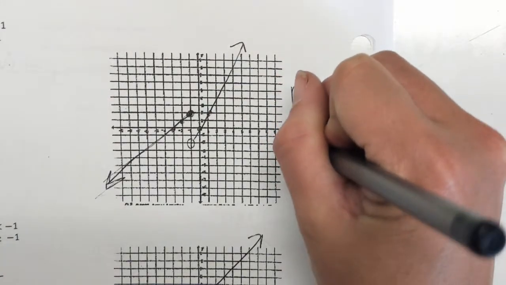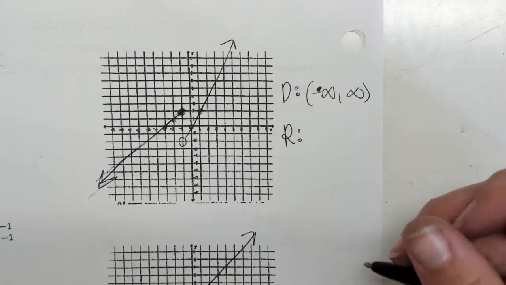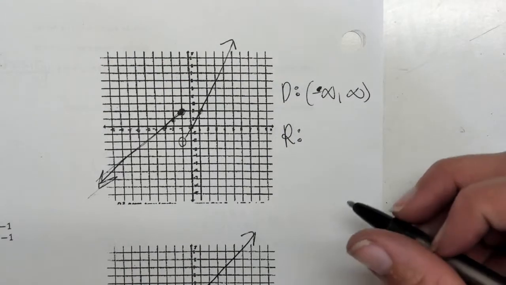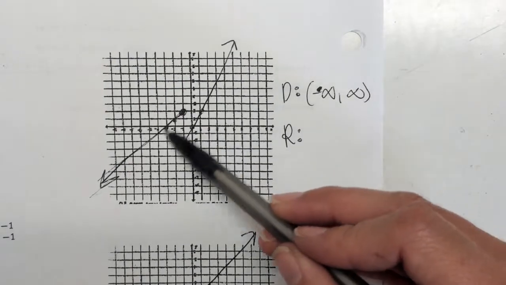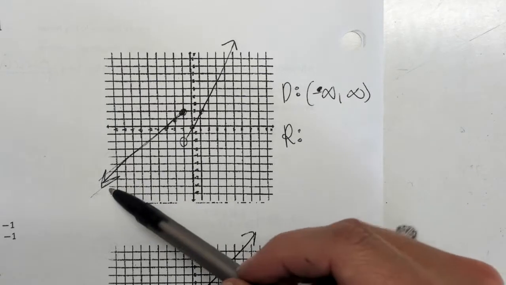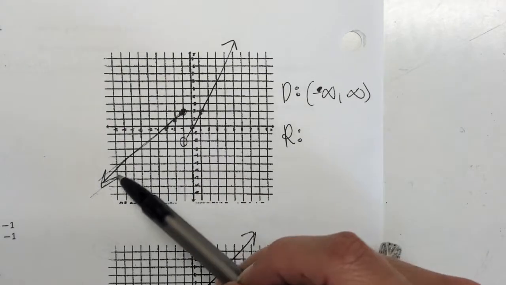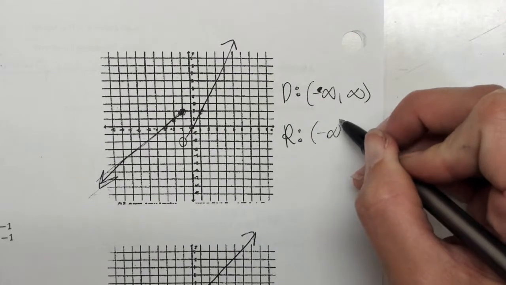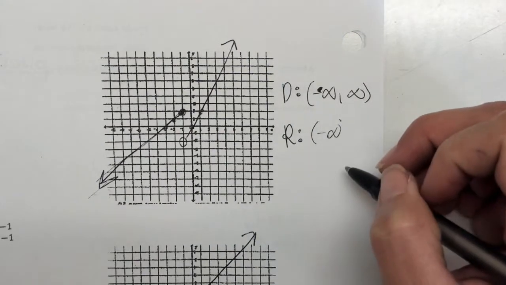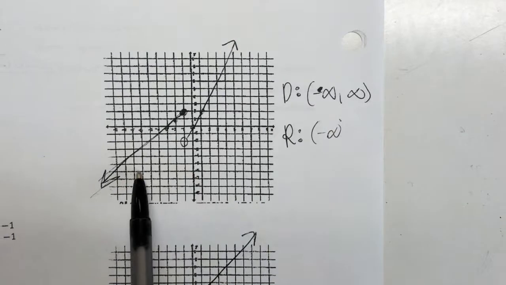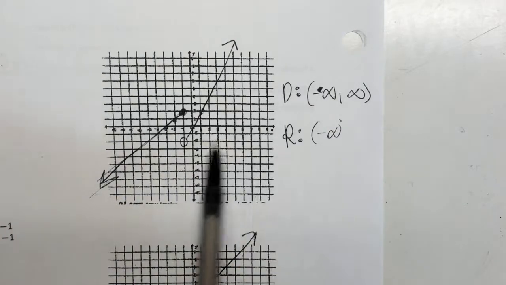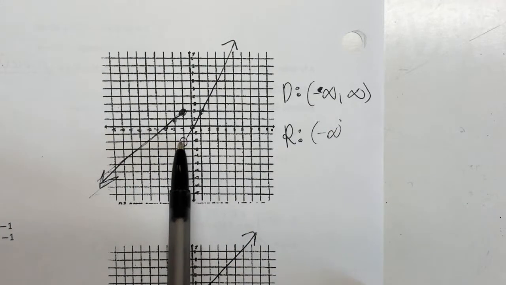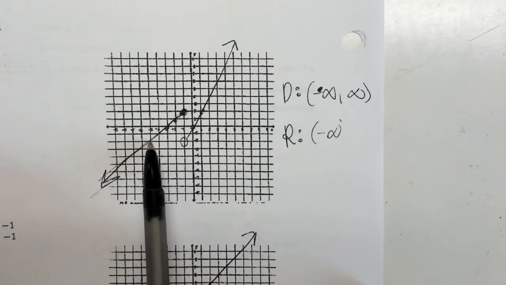The range is the only tricky part. Alright, so start with how low the graph goes. It's going to go to what? Yes, this is going to go down forever, right? So it's going to be negative infinity. Let's make sure we don't skip any y values. So going across like this, we get to this hole right here, but doesn't this build in by this graph, this value right here?